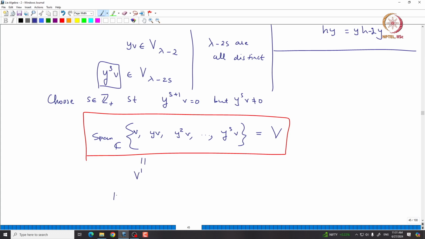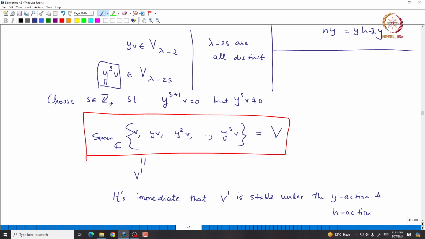It is immediate that V' is stable under the y action and H action, because y is just going to increase the power, and H is going to leave it a constant multiple when you apply it on any power of y v. So, in particular it is going to be stable under both H and y.